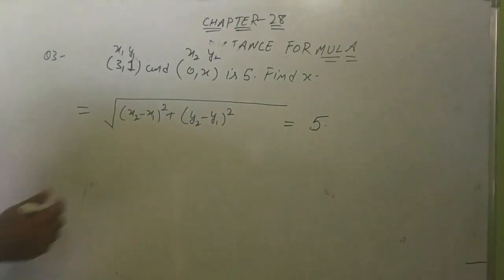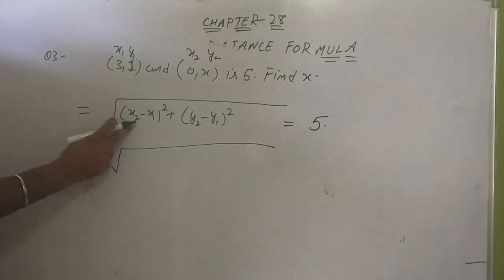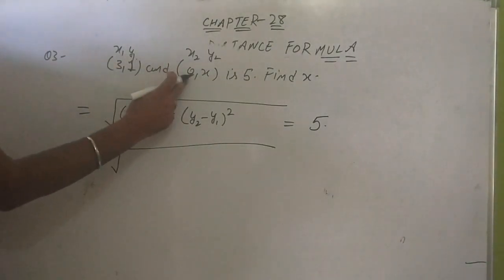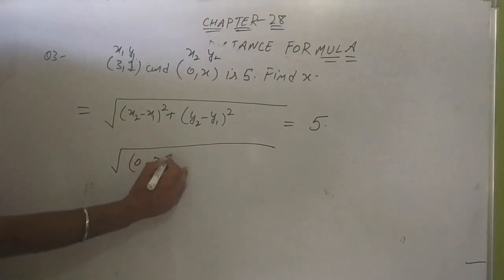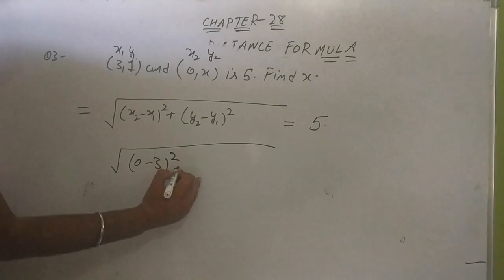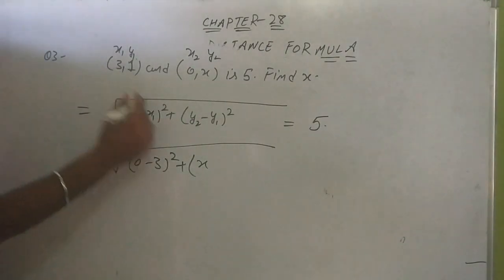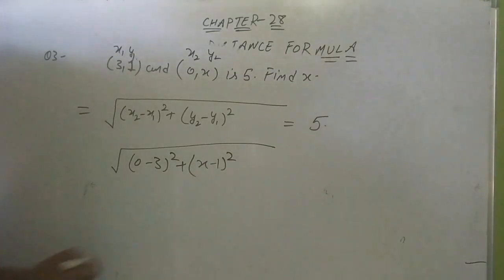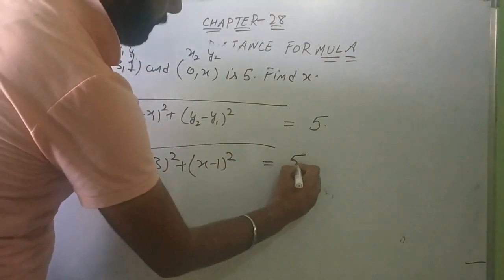So put in all the values. Now I am going to put the values under root. The value of x2 is 0, the value of x1 is 3. (0 minus 3) square plus the value of y2 is x and the value of y1 is 1. (x minus 1) square. Okay, that is equal to 5.